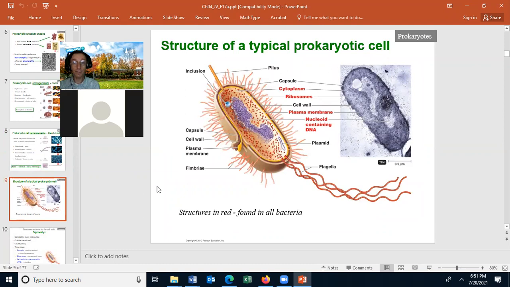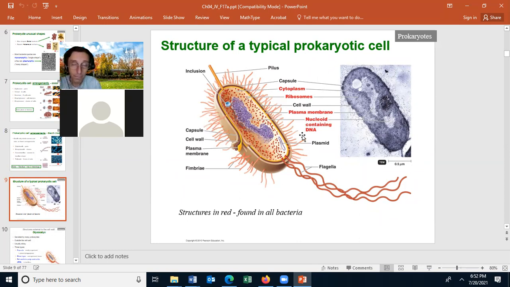Here we're looking at some typical structures of a prokaryotic cell, and everything in red is a structure that you'll find in all prokaryotic cells. The cytoplasm, you can actually find that in all cells. Ribosomes, also you can find that in all cells. The plasma membrane, you can find that in all cells. And then the DNA, you can find in all cells.